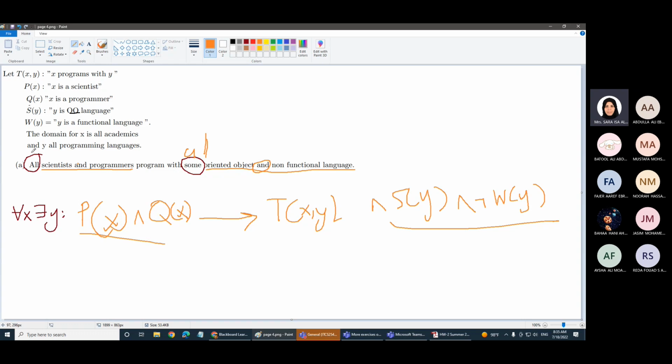If it just says some, it means there is no implies at all, everything is and, all together. So you should read the question carefully and determine the quantifier first. The order is important.